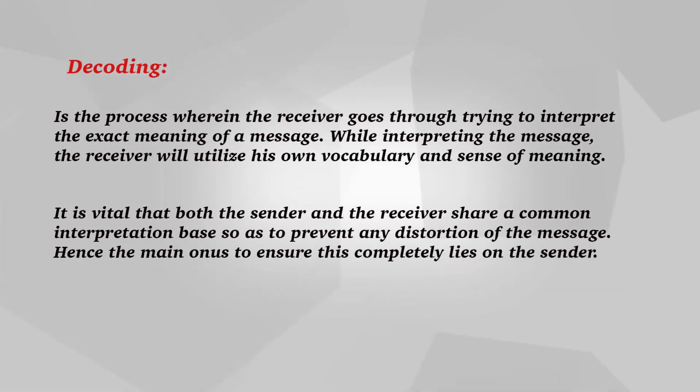Hence, the main onus to ensure this completely lies on the sender. So, we can say that whatever message the sender is trying to send, or whatever channel of communication he is trying to send through, he has to see that it is protected from any kind of distortion.